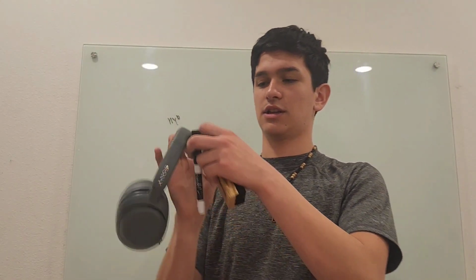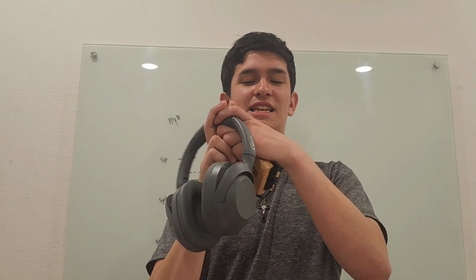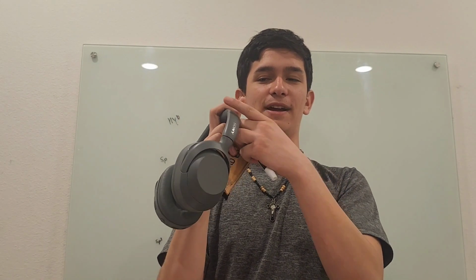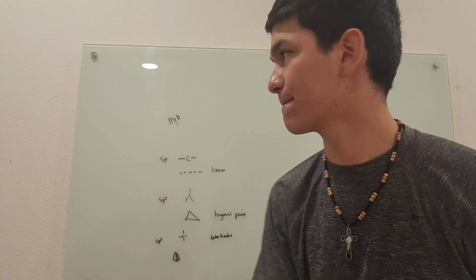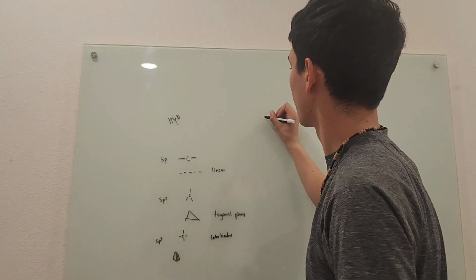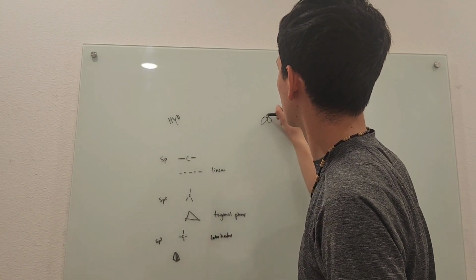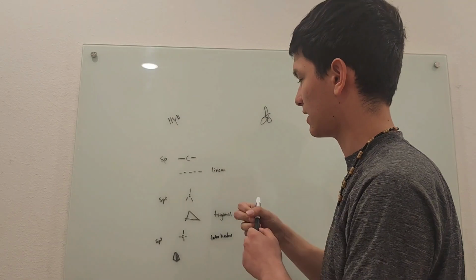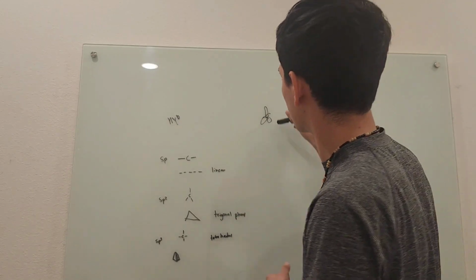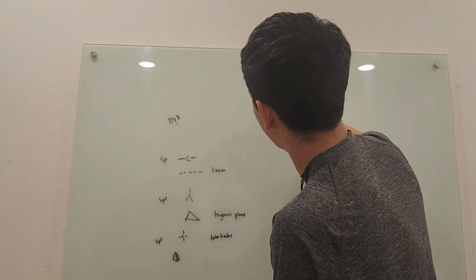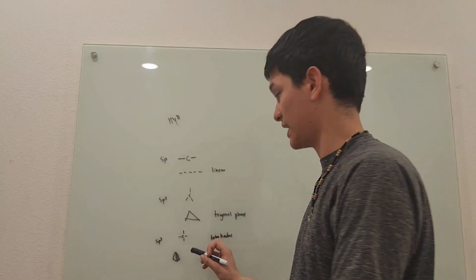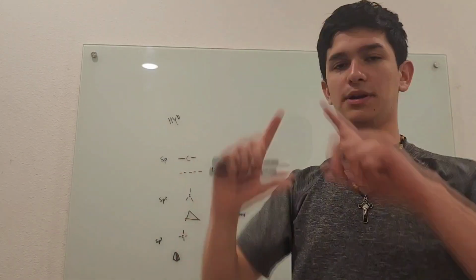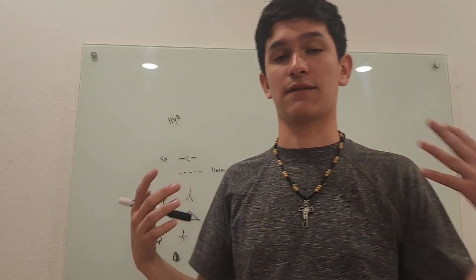Well, it has a base, right? And after that, something is sticking out. So it's going to be 1, 2, 3, and something sticking out. That's what a tetrahedral looks like. It's represented in textbooks like a little pyramid, and it has 4 bonds.